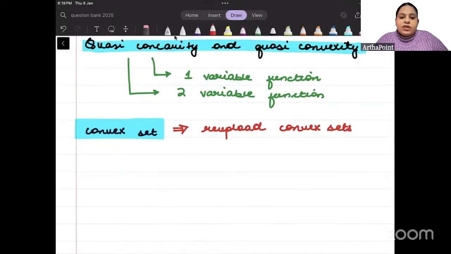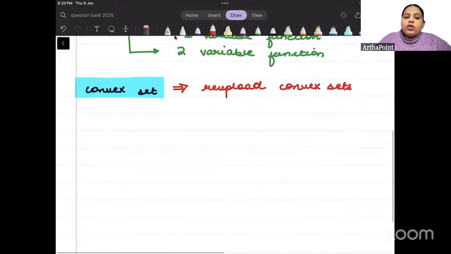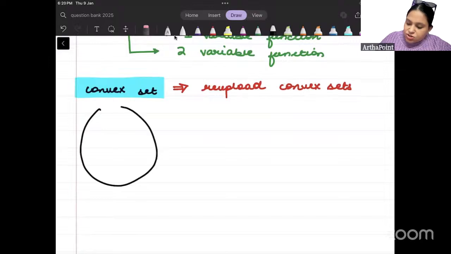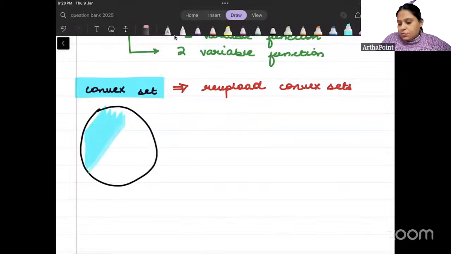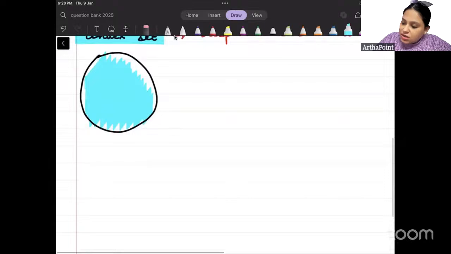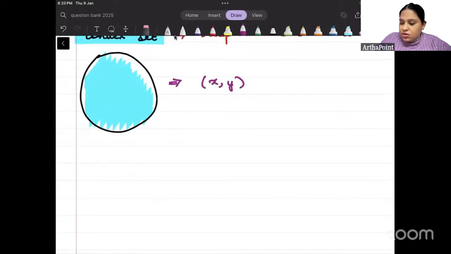So when we talk about a convex set, what is a convex set? Suppose I talk about a circle as a set. When I draw a circle, I need X, Y coordinates, right?